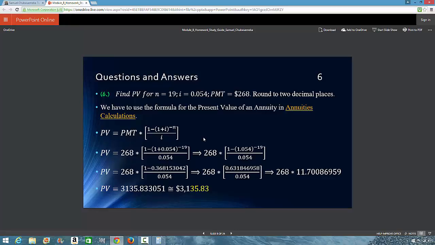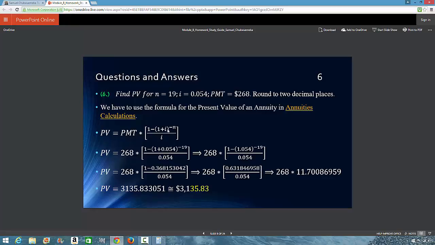When you encounter a different question, but they are still asking for the present value, and they give you M and T, which formula would you use? You use another formula, but it's still a present value formula. Do you understand what I'm saying?